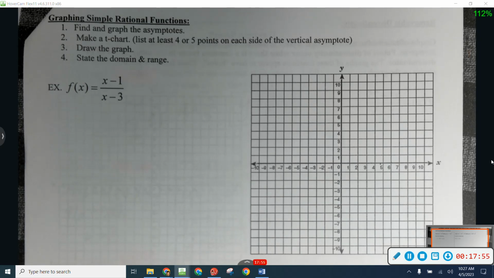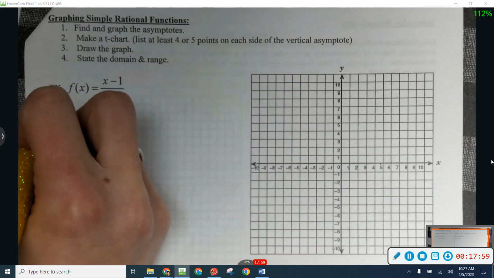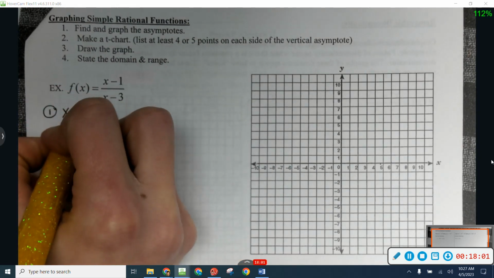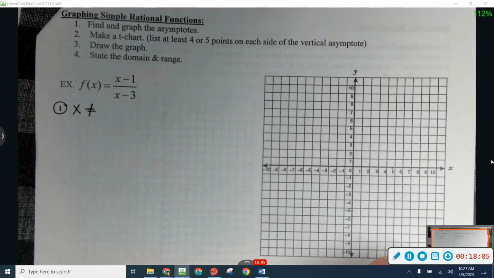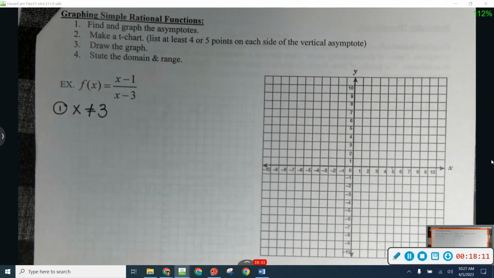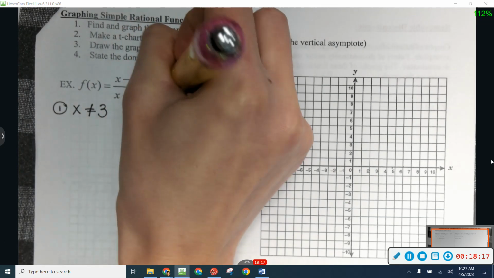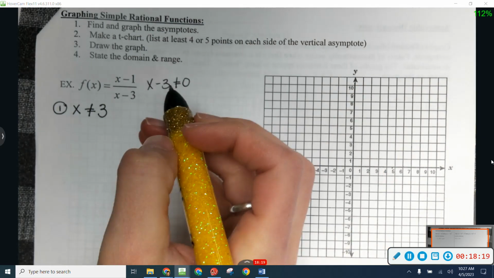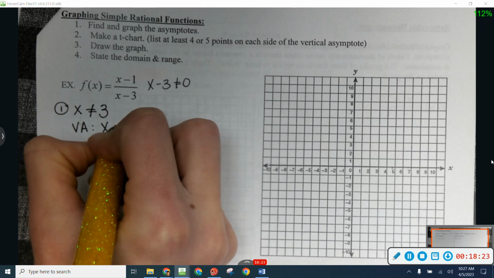Okay, so my first part, we've got to look at our denominator. X cannot equal what? X minus 3 cannot equal 0, so then x cannot equal 3. Okay, so then that tells me my vertical asymptote is x equals 3.